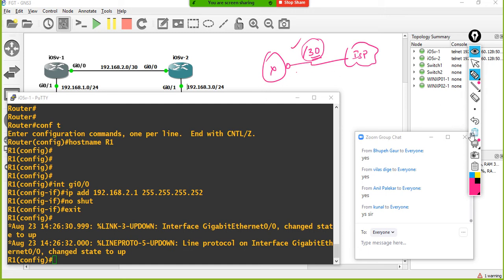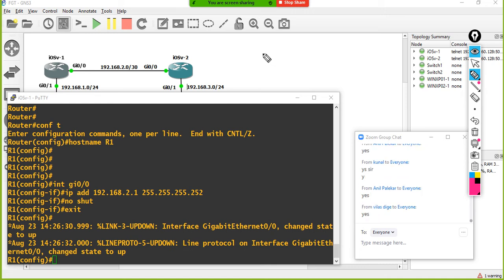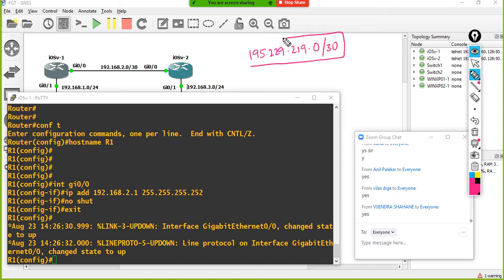So can I give you one thing? Are you able to do it quickly? Anyone? Are you ready? Quickly. 195.229.219.0/30. Easiest one. What is the network ID and what is the broadcast ID for this? Help me out.